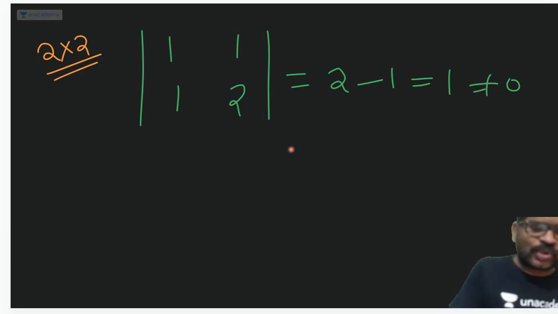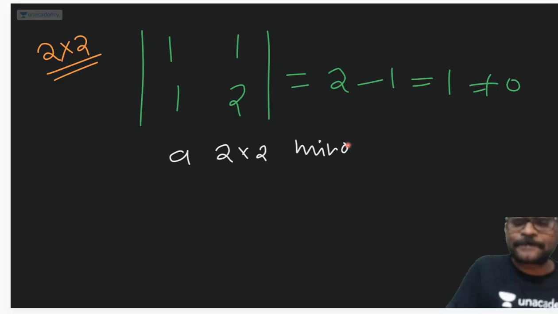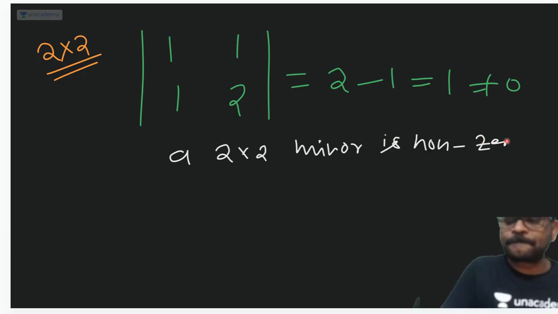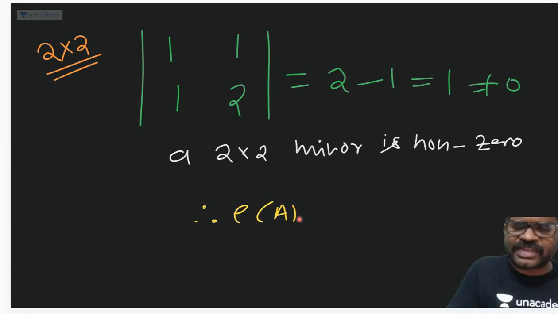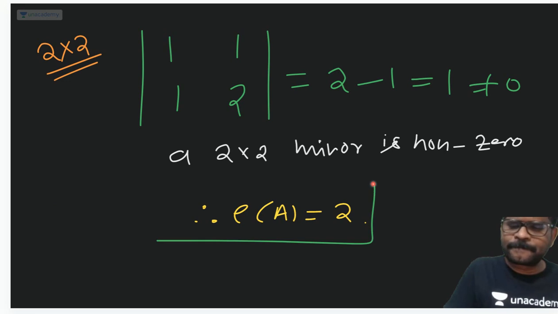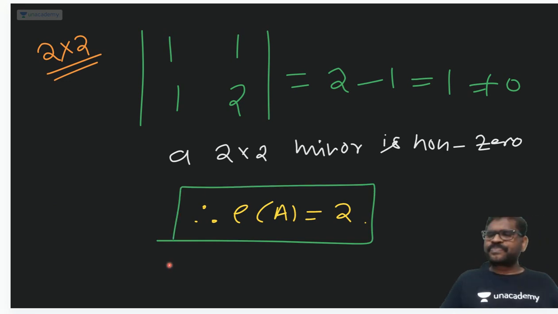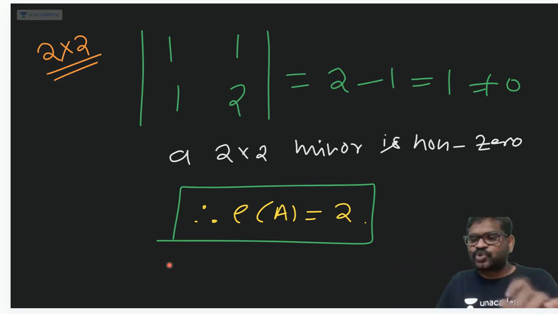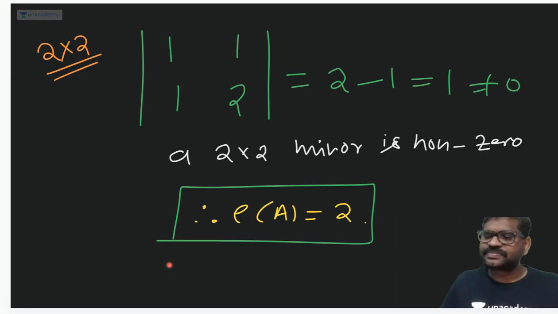A 2 cross 2 minor is non-zero. Therefore, the rank of the given matrix is 2. Understood? Understood the definition?